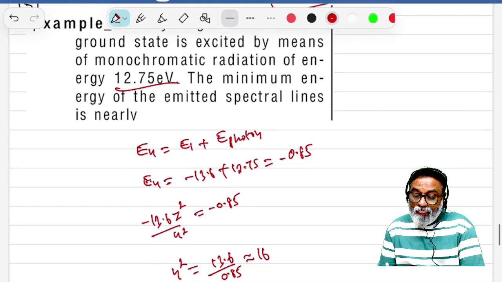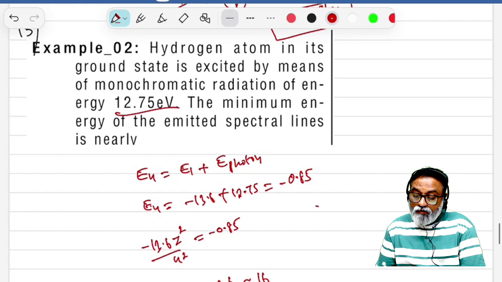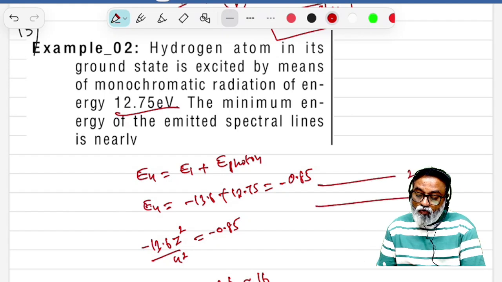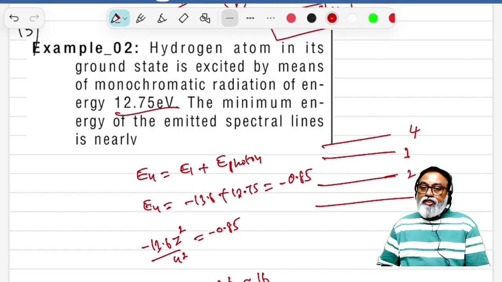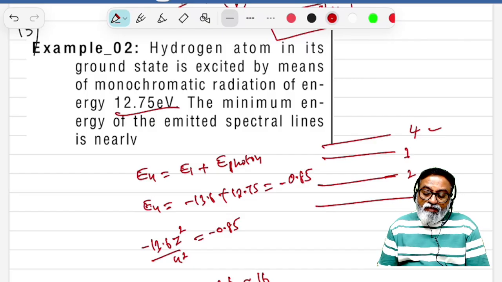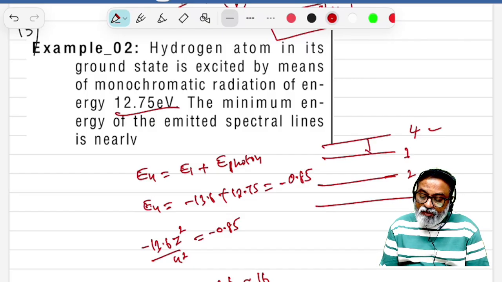Therefore, here 1, 2, 3, this is 4. Therefore, it is excited from ground state to N is equal to 4. Here, the minimum energy of emitted spectral lines means the energy between E4 and E3.